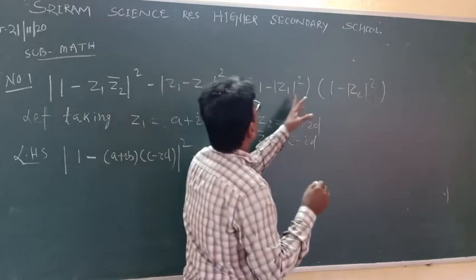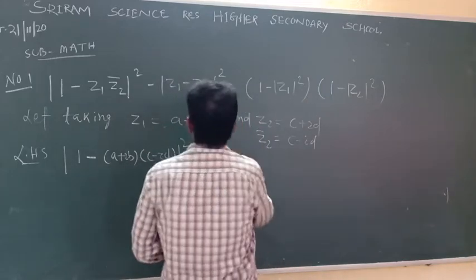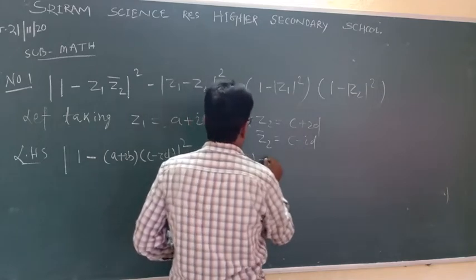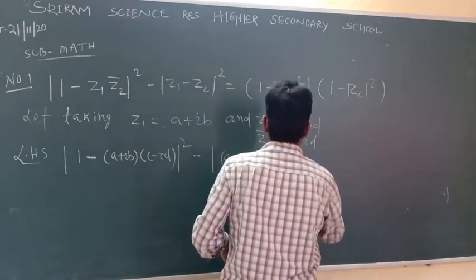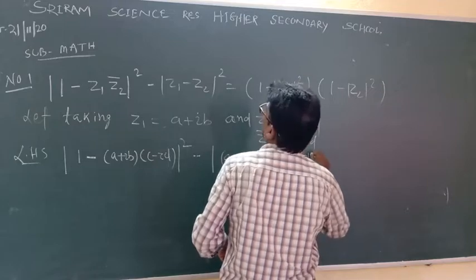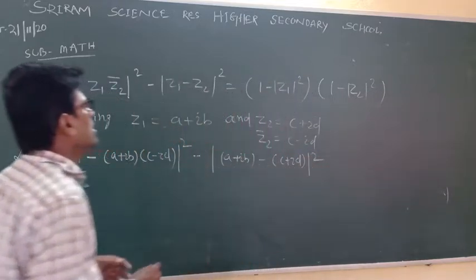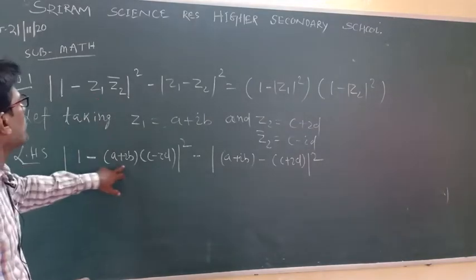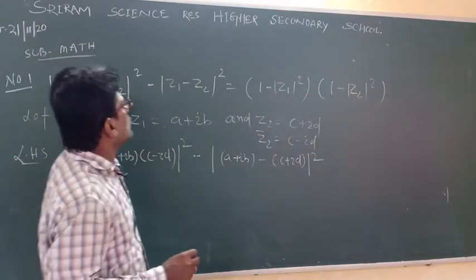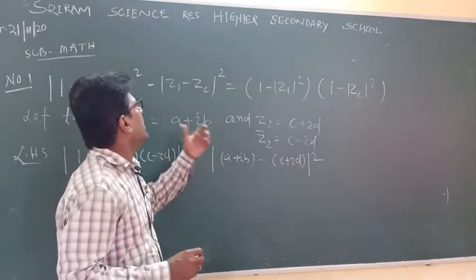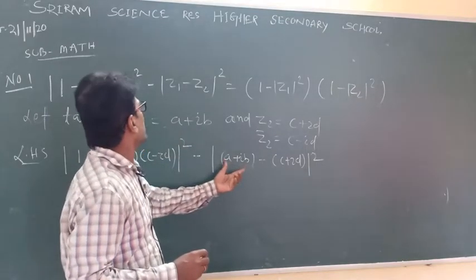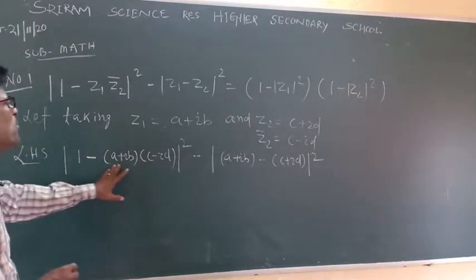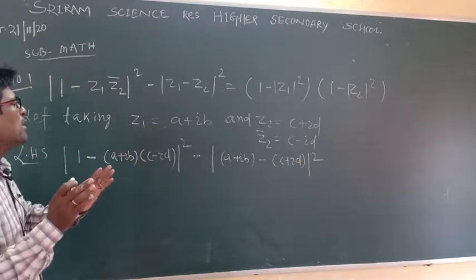Here Z1 you can take as A plus IB minus of C plus ID, whole square. You look at the given LHS. I have put the value of Z1 and the conjugate value of Z2, and the value is equal to Z1 minus Z2. Okay. Now you just simply multiply.